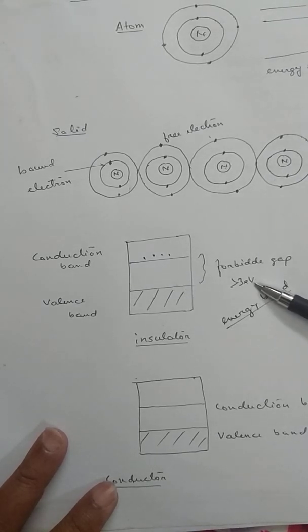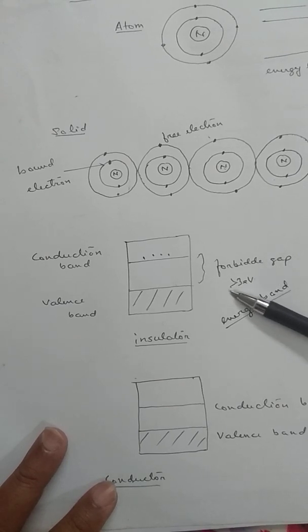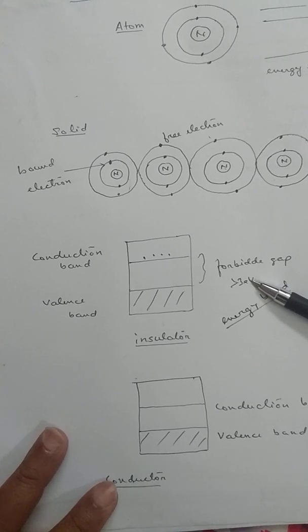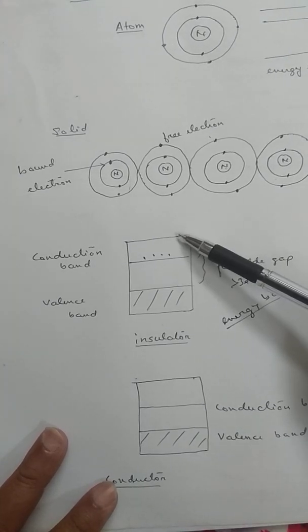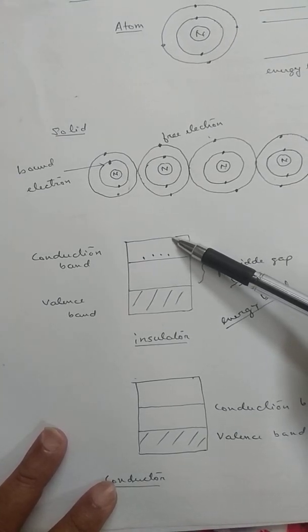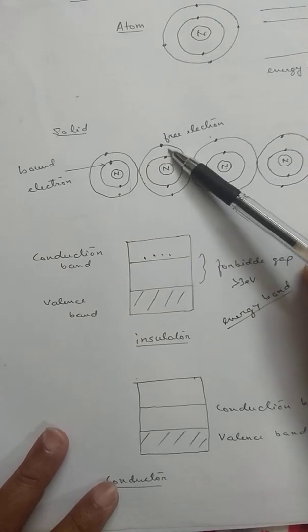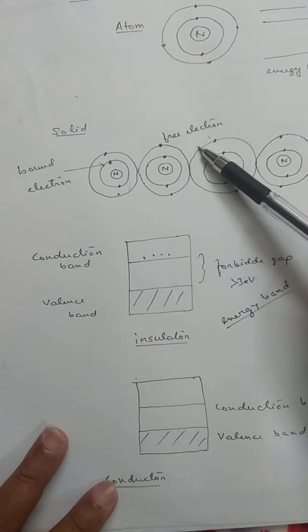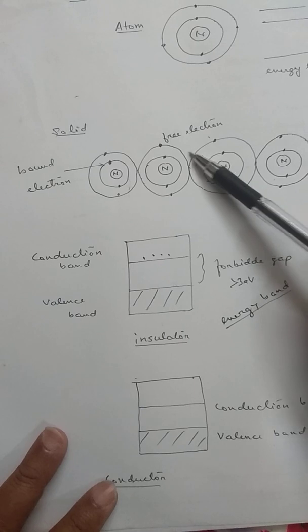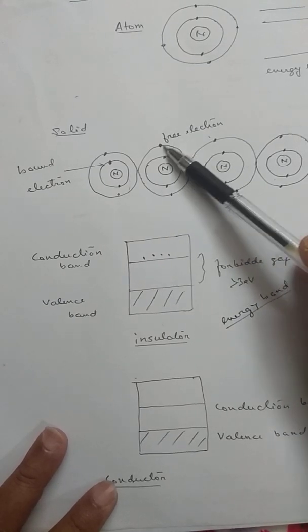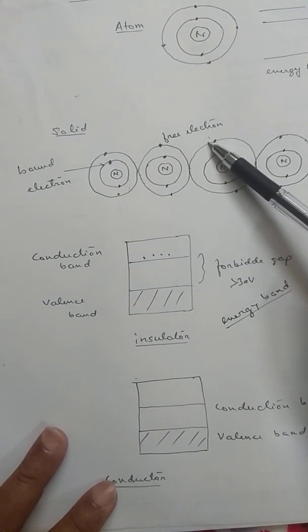According to the NCERT book, solids with a gap of more than 3 electron volt are insulators. That means the solid which forms the insulator has overlap energy levels, but in these overlap energy levels, there are no electrons.